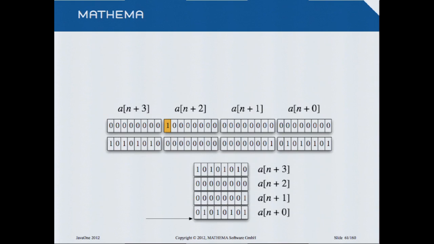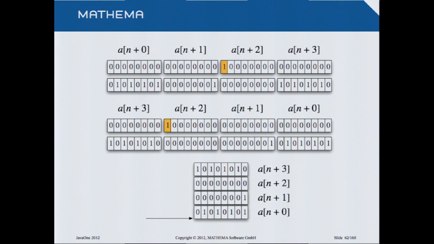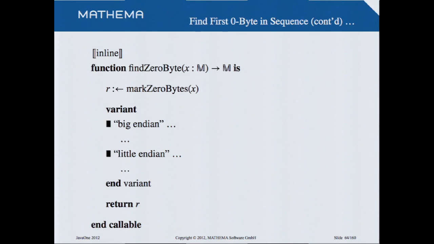Okay. Now we have a problem. We have marked our bit, but we have to cope with whether we are on a big endian machine or a little endian machine, because this bit will be in a different place if we have another orientation. Because we have our bytes, we want to find the correct 0 byte, but if we load the bytes in words, tetras, octas, with 4 bytes or 8 bytes, then the order might be in the wrong place. So we have to cope with it, and my language offers a possibility which is a variant.